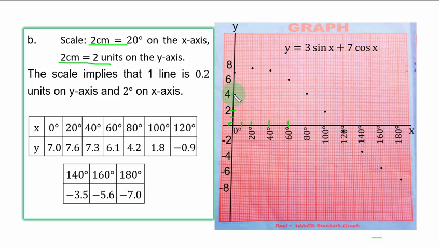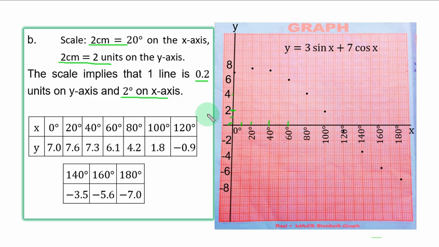The scale implies that one line is 0.2 units on the y-axis and 2 degrees on the s-axis. It is important that you know what one line stands for so that you can locate decimal values.